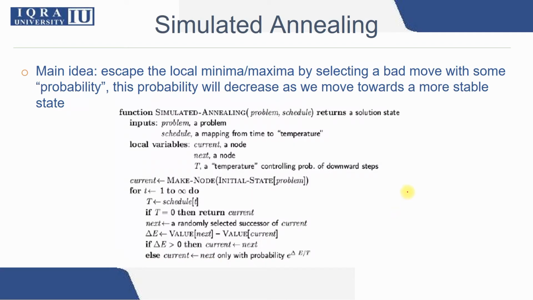ठीक है, तो the algorithm is in front of you, and I want you to go through this algorithm. Again याद रखिए जनाब कि कुछ objective functions are going to want you to minimize the value, जैसे कि आपने देखा number of attacking queens को जनाब हम minimize करना चाहते हैं, but there will be times when you want to maximize the value, जैसे कि you want to maximize profit for example.